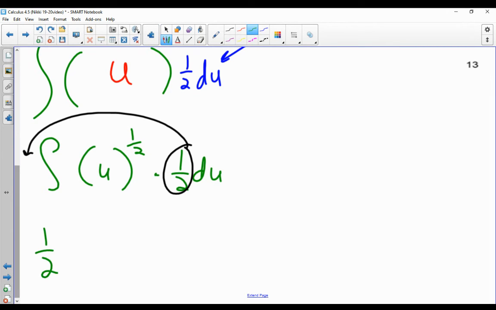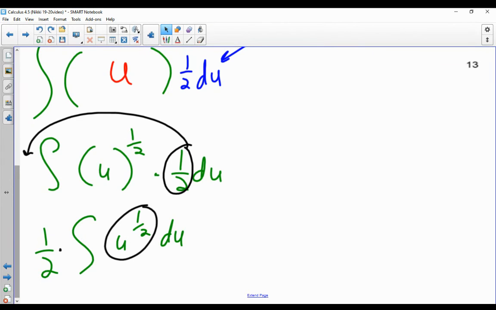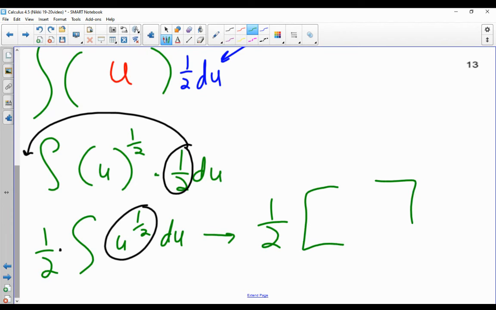So 1/2 and then the integral of u to the 1/2 du. So then all you got to do is do the antiderivative of this, and then the 1/2 will come in later in the final answer. For right now, let's leave the 1/2 on the outside, but right next to it, let's do the antiderivative.